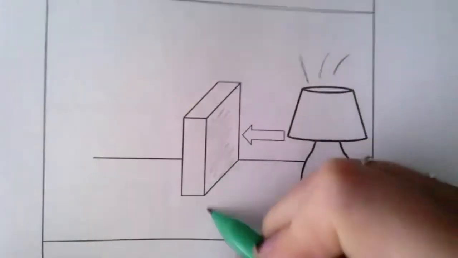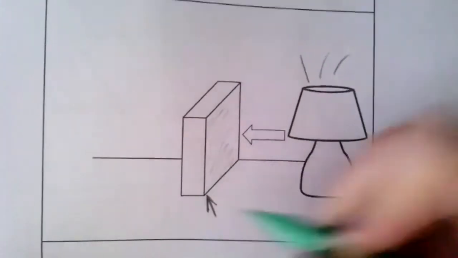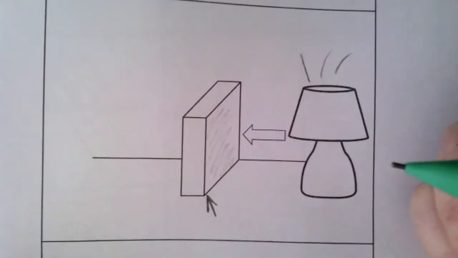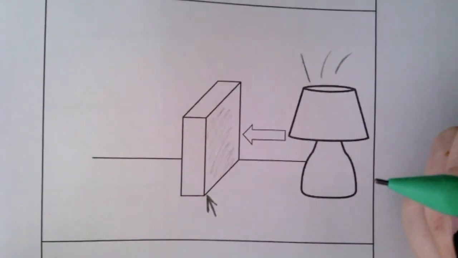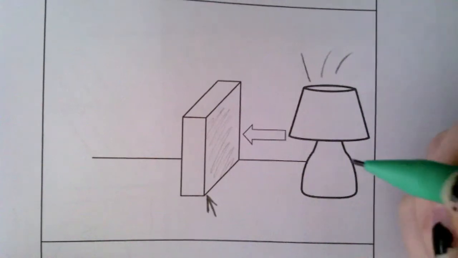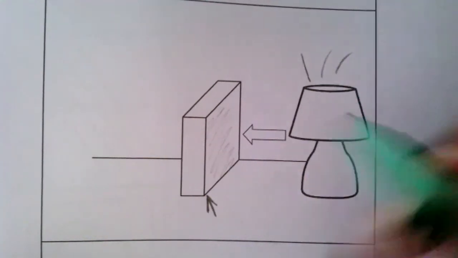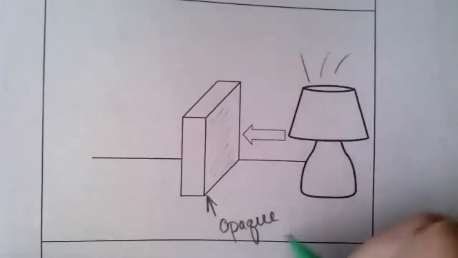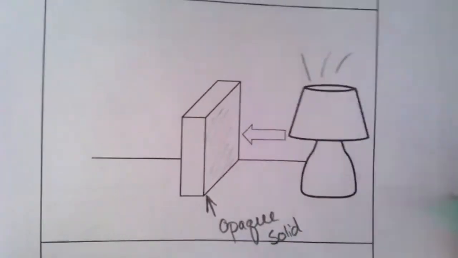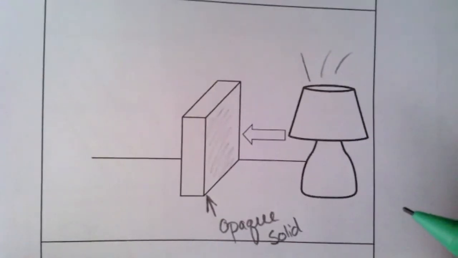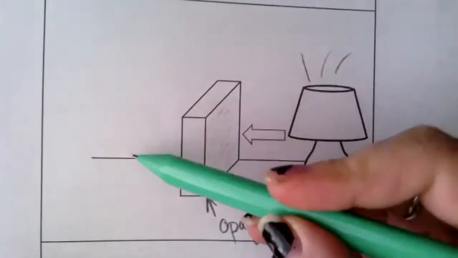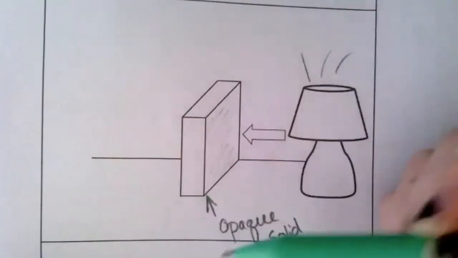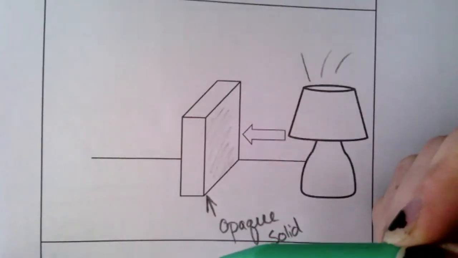I see head shakes. What do we describe this barrier as if light is not going to pass through it? Solid. It can be solid, that's true. Opaque. It is an opaque solid. So if it's an opaque solid, what's going to be on the other side of this wall? A shadow.